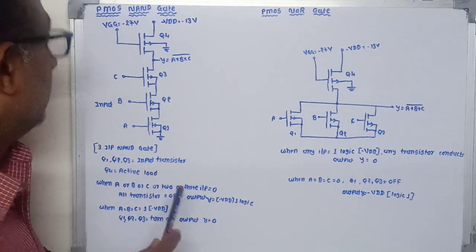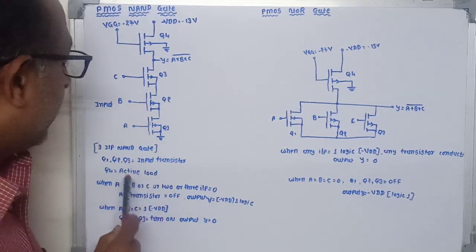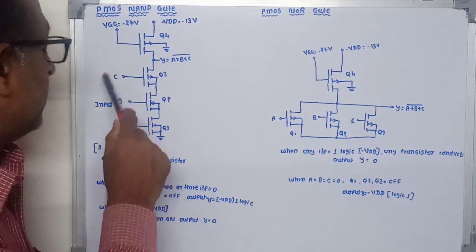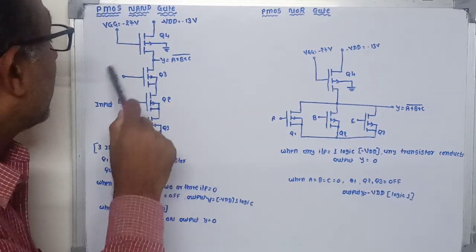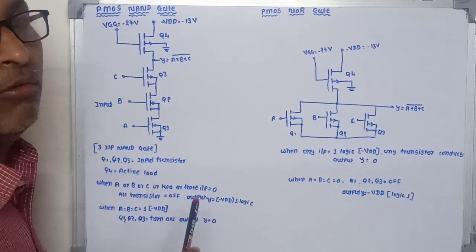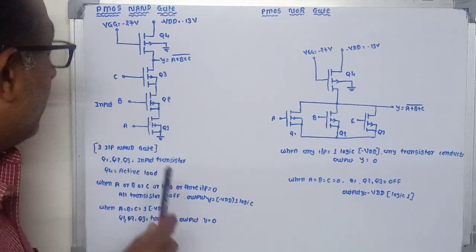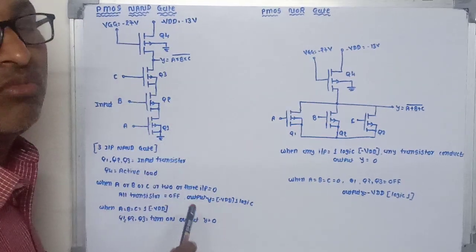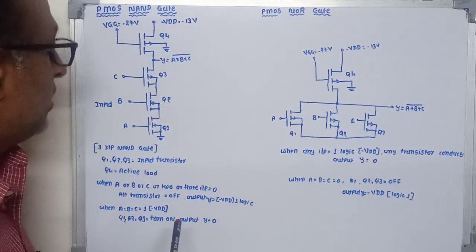So now when A or B or C, or any 2 or all 3 inputs are at 0 level, or connected to the ground, at that time all the transistors are in off condition. That means they are not conducting.